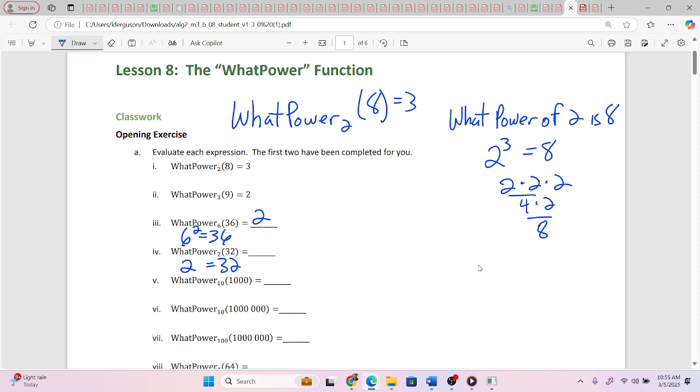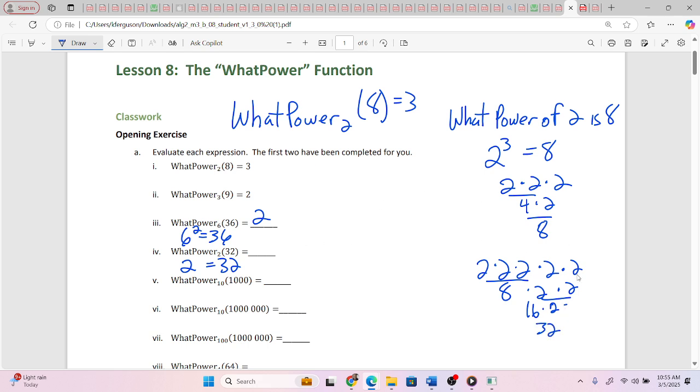Okay. So we know 2 times 2 times 2 is 8. So we put another 2 to make it 4 twos. That's 8 times 2, that's 16. We put another 2. That's like 4 times 8. 4 times 8 is 32.